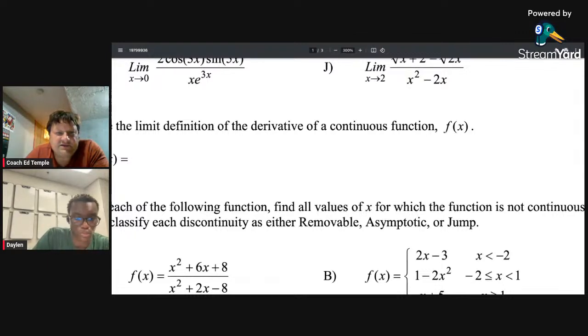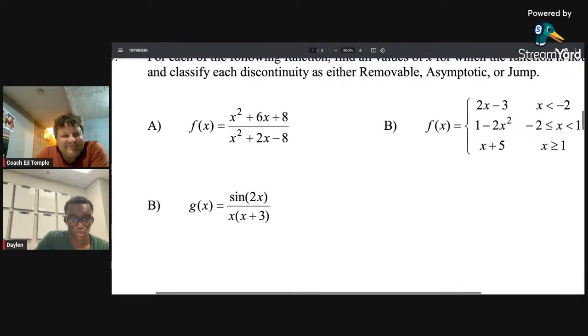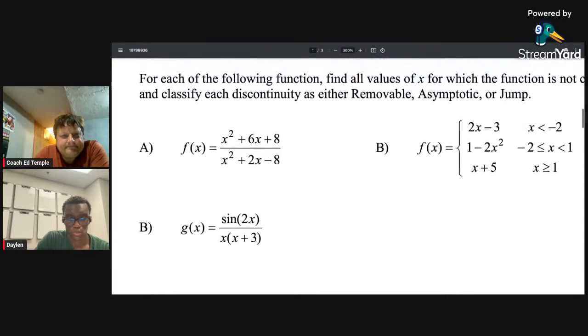Classify each discontinuity as either removable, asymptotic, or jump. Now that's interesting. Jump. I haven't even talked about that with you. So there's jump discontinuity. It means that, literally the graph jumps.